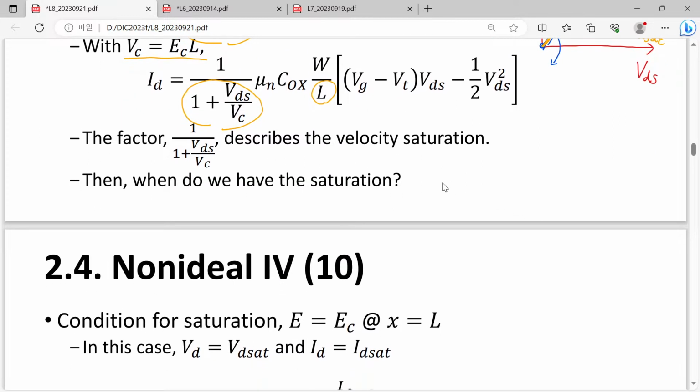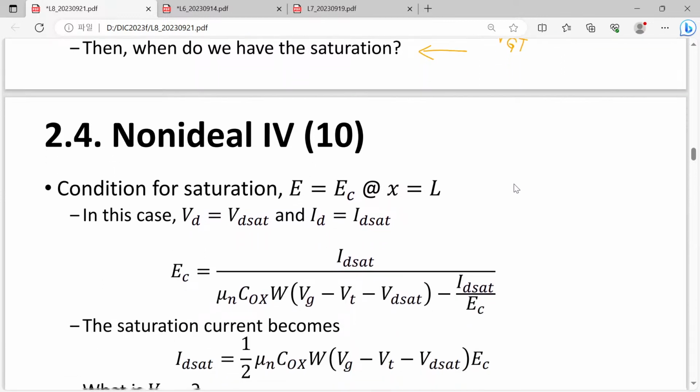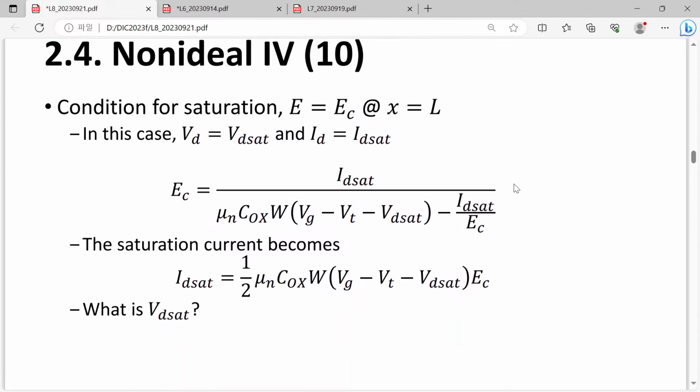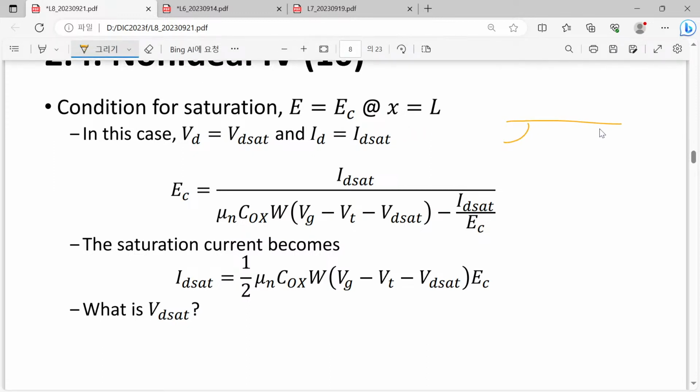Then our question is, what is the transition point between linear and saturation? In the case of a long channel, that was VGT. And how about our short channel device? So now we assume that, okay, where do we have a larger electric field? Source side or drain side?